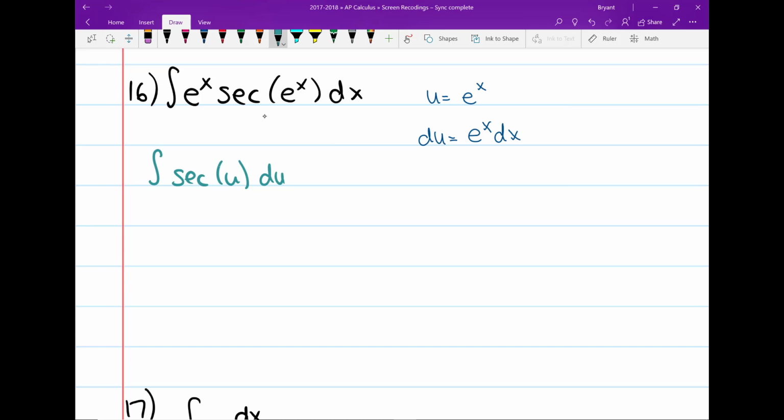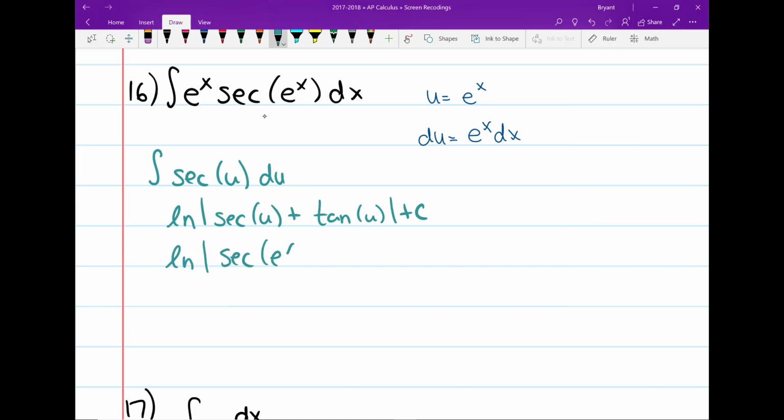And the integral of secant is ln of the absolute value of secant of u plus tangent of u, plus c. So this becomes ln of secant of e to the x plus tangent of e to the x plus c.